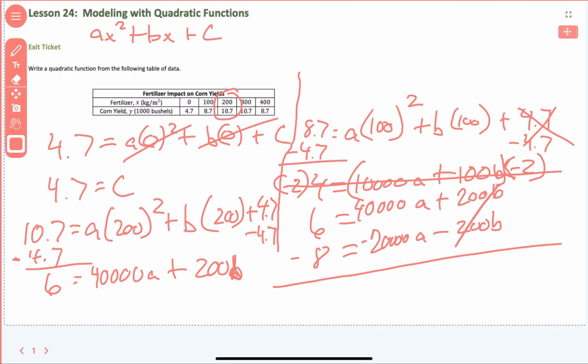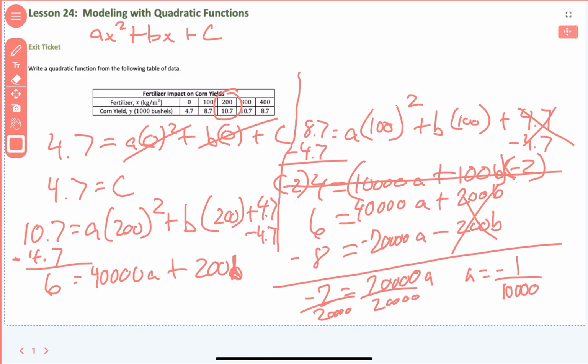If we combine these, that cancels and leaves you with -2 equals 20,000 A. Divide by 20,000. And A equals, what is that? A equals -1/10,000.